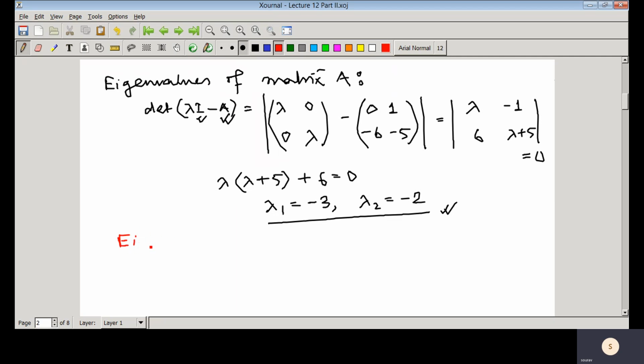So I can write that eigenvalues of A are the poles of G(s).